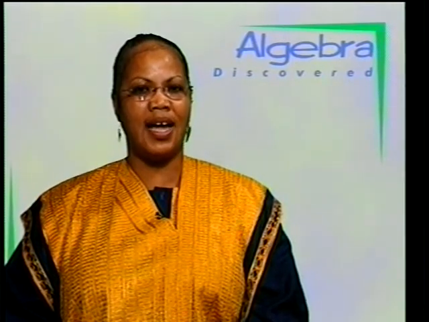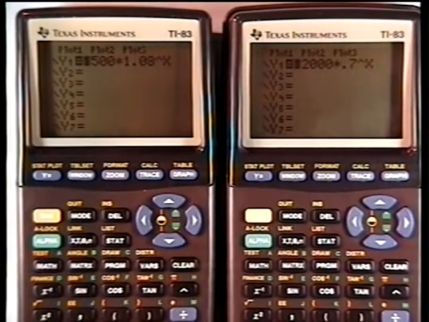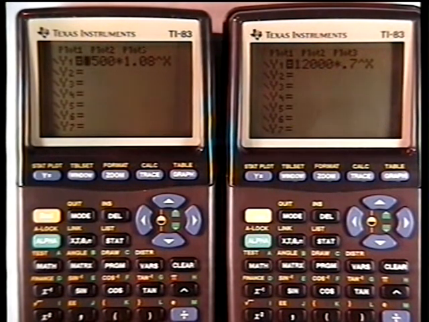In the graphing calculator to your left, you'll see the function that we discussed at the beginning of this project for exponential growth, when we were wanting to save money, when we wanted our money to grow.